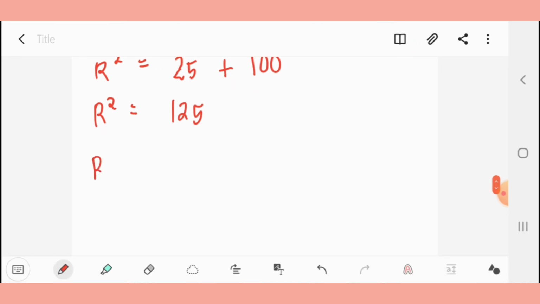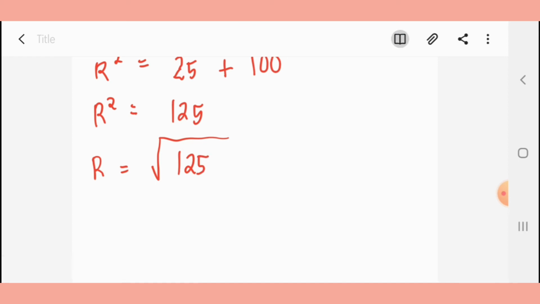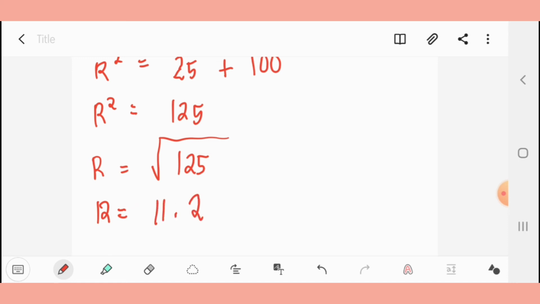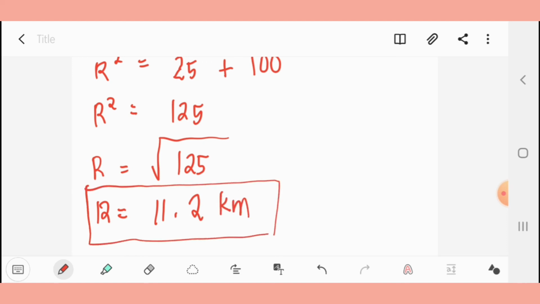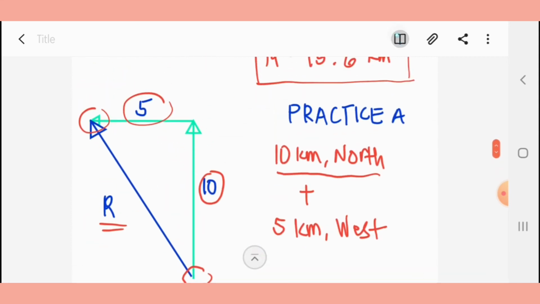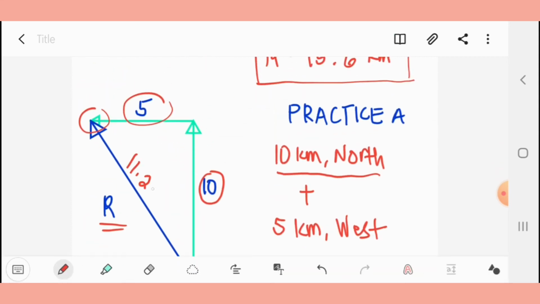To get the value of R, you get the square root of 125. The square root of 125 is 11.2, and your unit must be kilometers. Therefore, your resultant is equal to 11.2 kilometers.